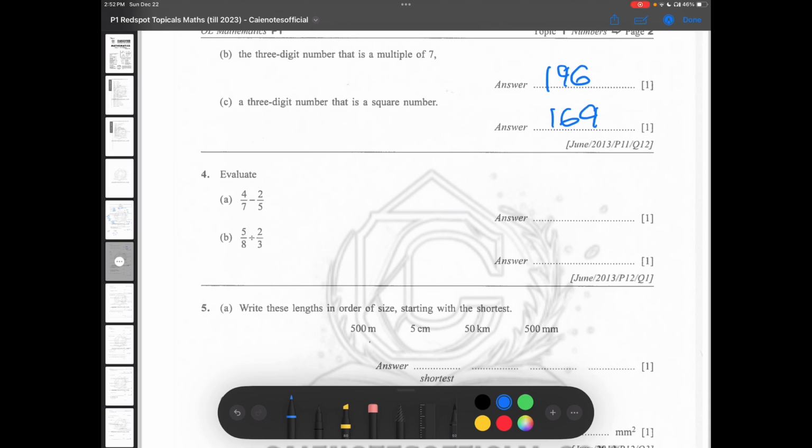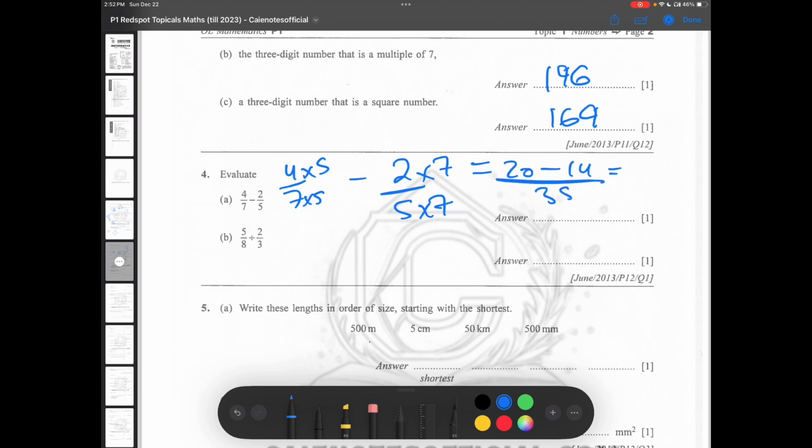So I will have to multiply 7 by 5 and 4 by 5, and I will multiply the denominator 5 by 7, and I will multiply 2 by 7 as well. This becomes 20 minus 14 upon 35. This equals 6 upon 35, which is our answer.